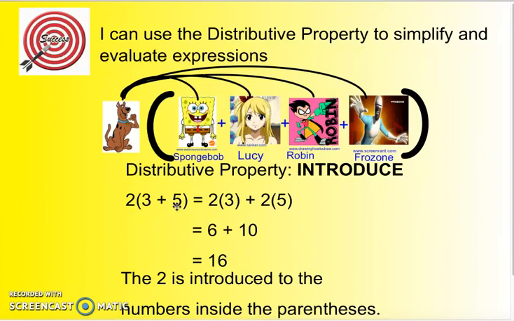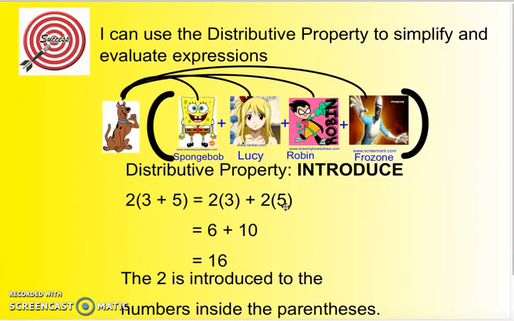Now, in mathematics, when we have a number that's next to parentheses, that means that we multiply. And so we do 2 times 3, and then we do 2 times 5. And because there's an addition sign within the parentheses, there will be an addition sign in our expression. And so we have 2 times 3 plus 2 times 5.